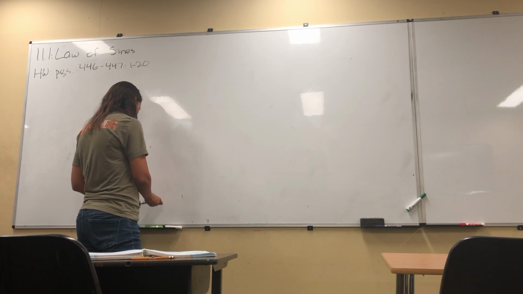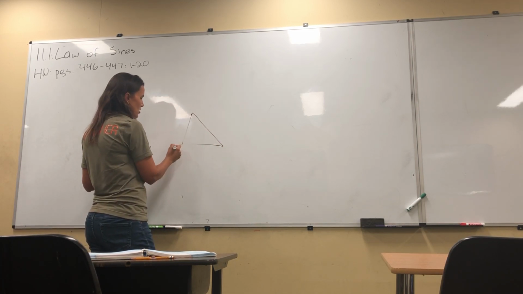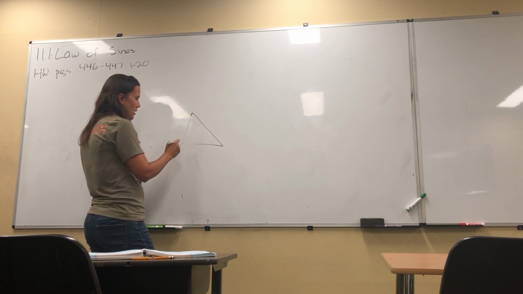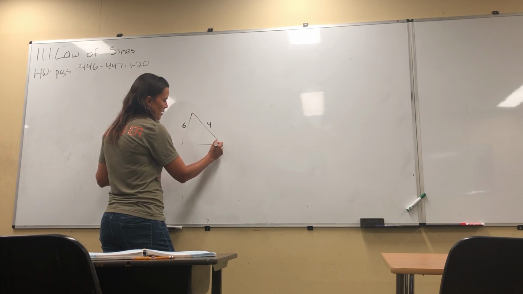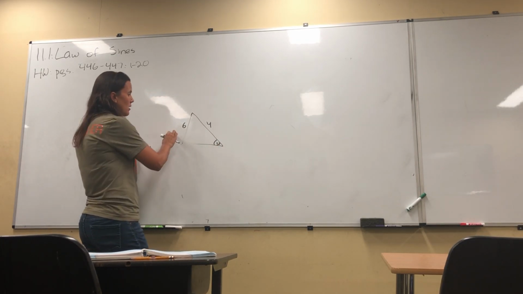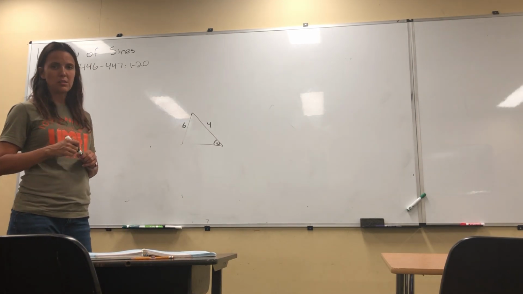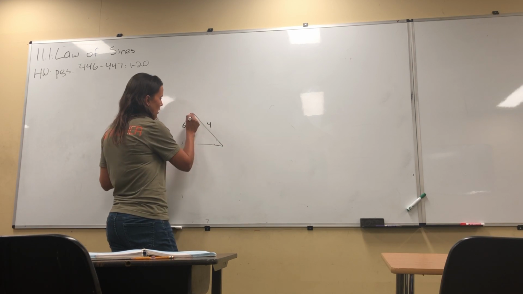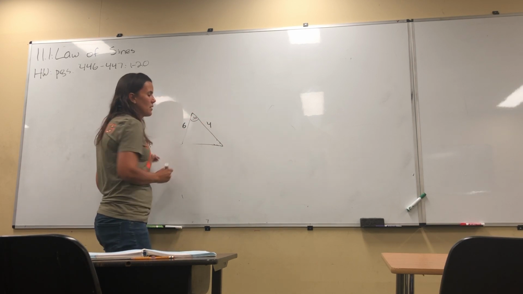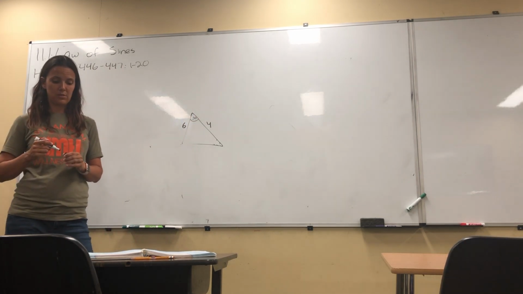So remember, the only one that it's possible to have no solution is side, side, angle. So what does that mean? Side, side, angle, okay? If they give you a side followed by the next side followed by the angle, it is possible that it doesn't have a solution. Now, if they give you this, it's side, angle, side, and it will always have a solution.